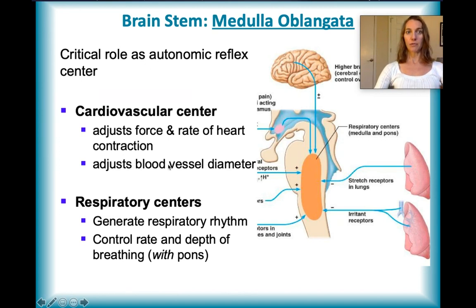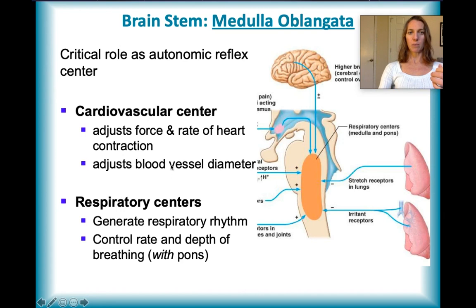Just to highlight a few to illustrate this point, you have a cardiovascular center here, which is going to be responsible for adjusting the contractility of the heart, how forcefully it beats, as well as the heart rate. We also see that the cardiovascular center can control blood vessel diameter.